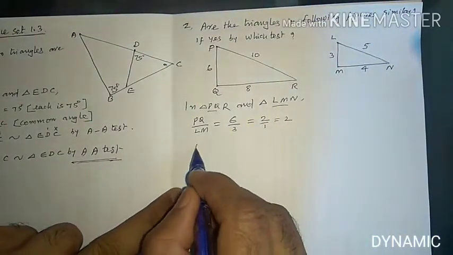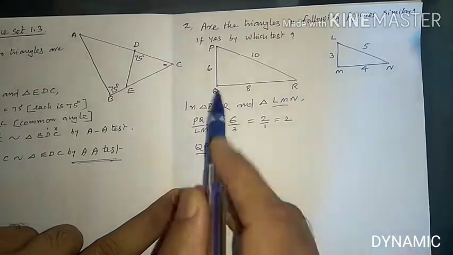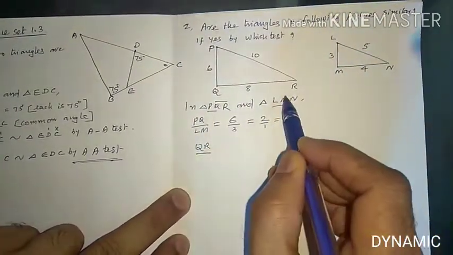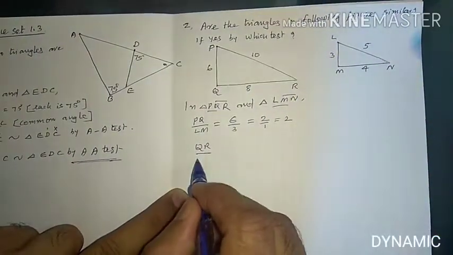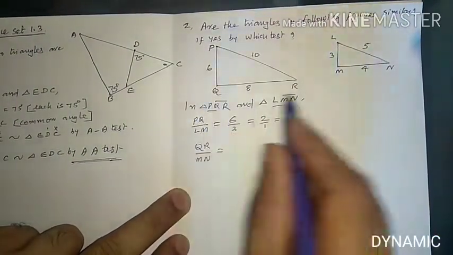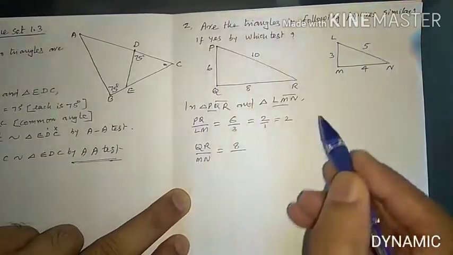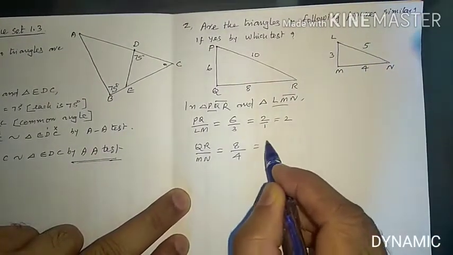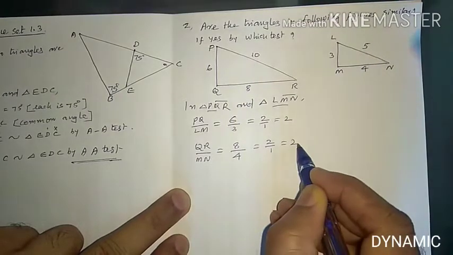Second one, QR upon MN. QR is 8, MN is 4. 4 ones are 4, 2 fours are 8, so 2 by 1, which is 2.